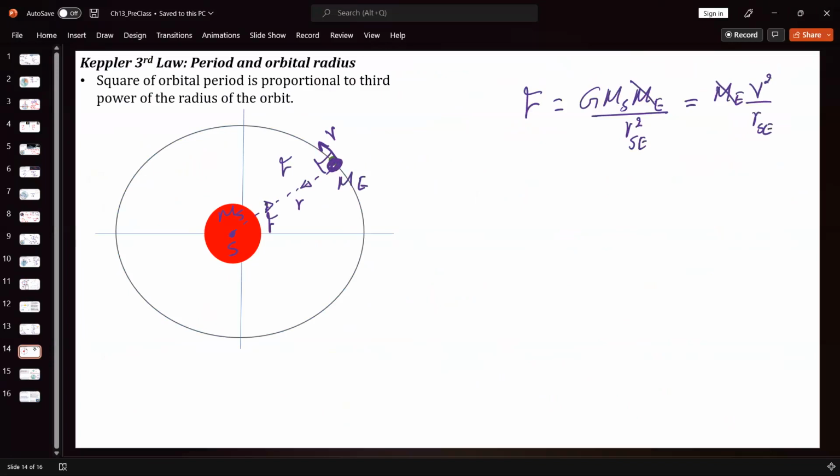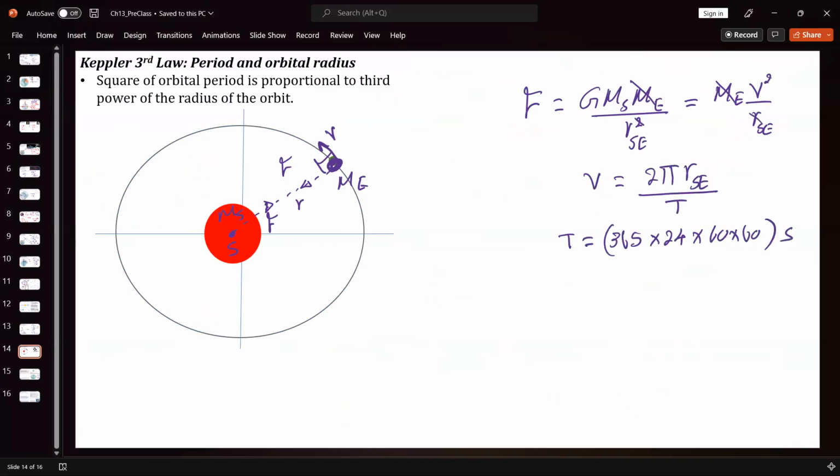Now the mass of the earth cancels out, and one of the radii cancels out. Then the velocity of the earth I can rewrite as 2 pi r divided by the period of the earth's orbit, which is about 365 days multiplied by 24 multiplied by 60 multiplied by another 60, in units of seconds.